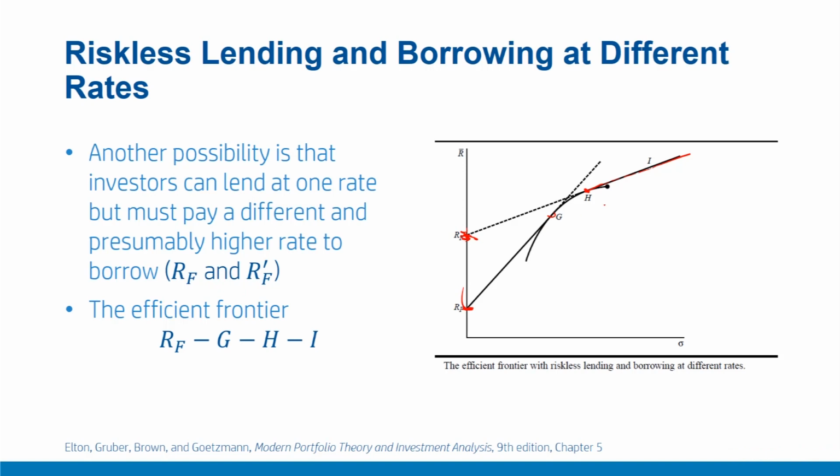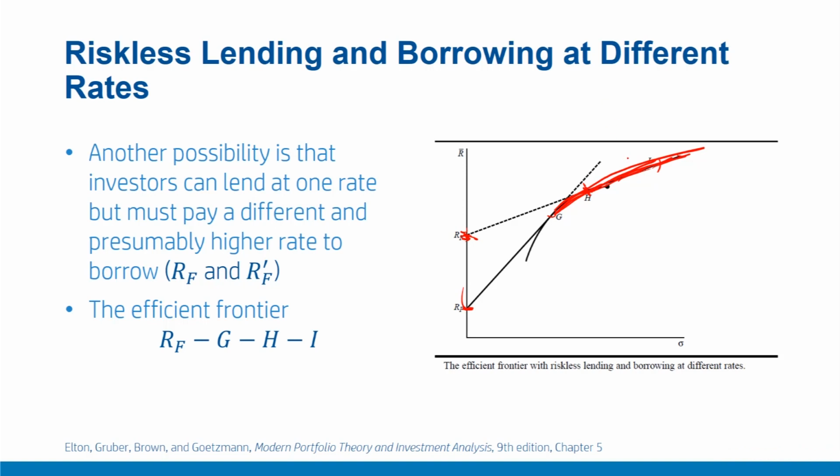So the risk-taking investor has the efficient frontier as the risky portfolios that lie on the GH curve. So he can invest on the GH curve. And after H, the tangent line that joins RF dash to H. So he has this GH curve and then from H onwards, the RF dash H line extends beyond point H. So for the risk-taking investor, it will be something like this.